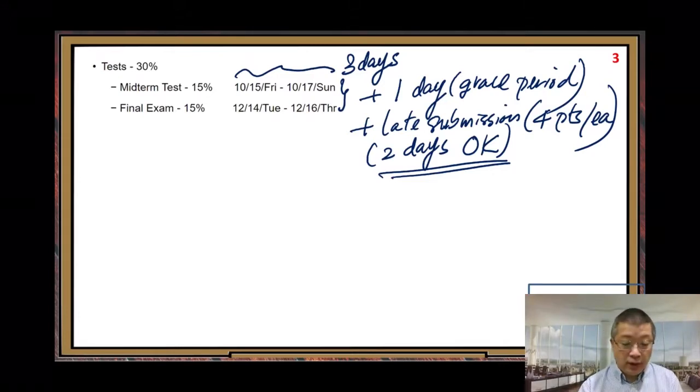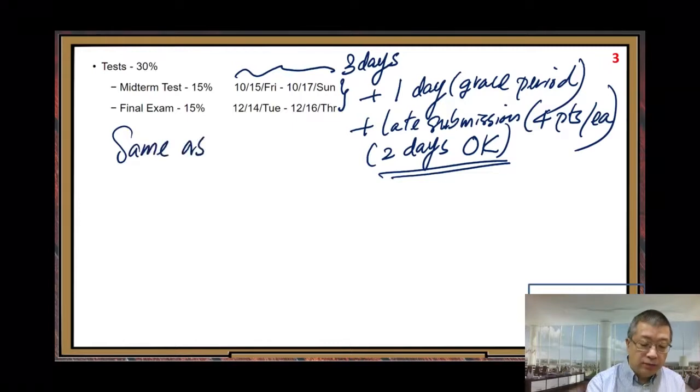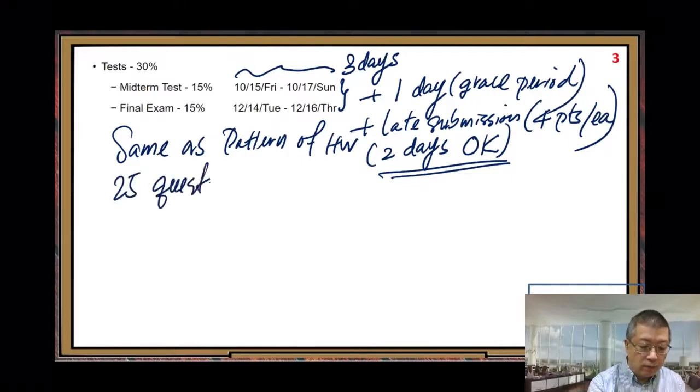All right. So the question types are the same as the pattern of homework. Specifically 25 questions, 4 points each.